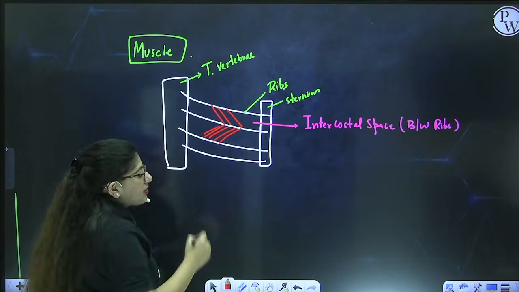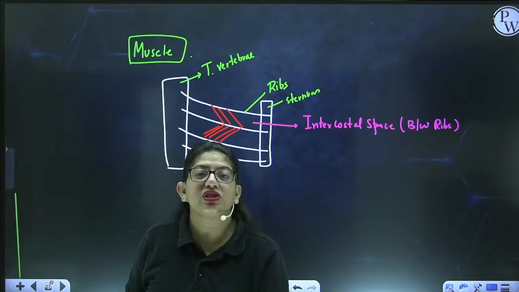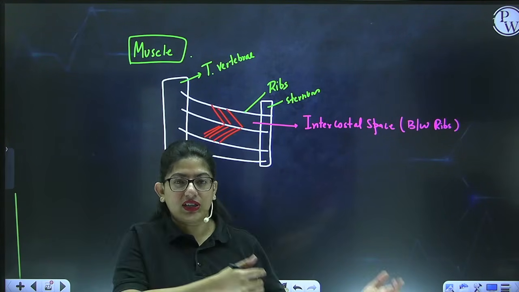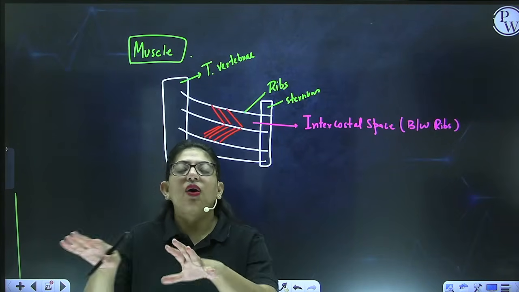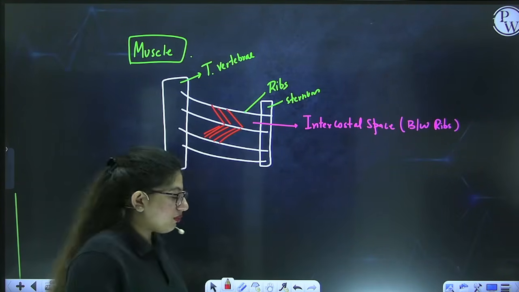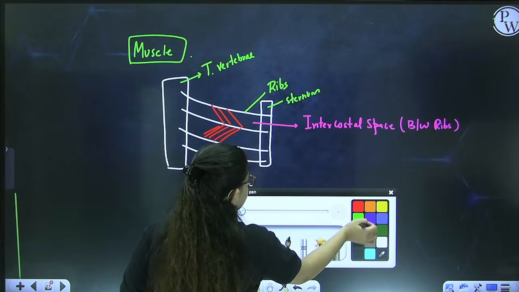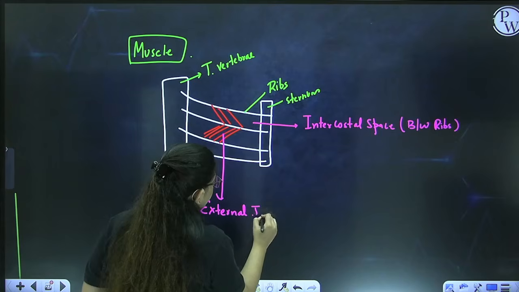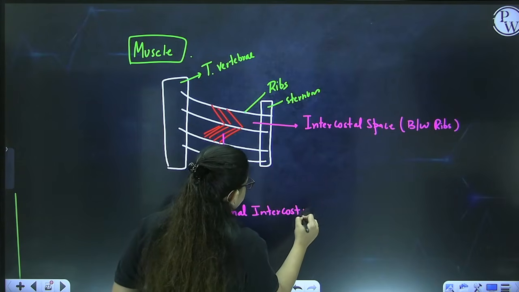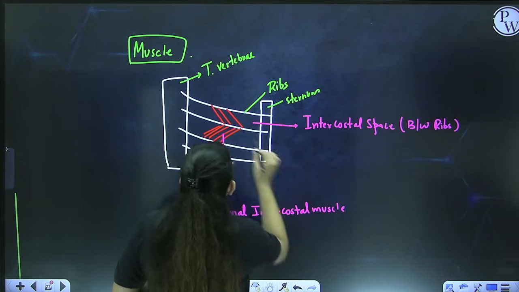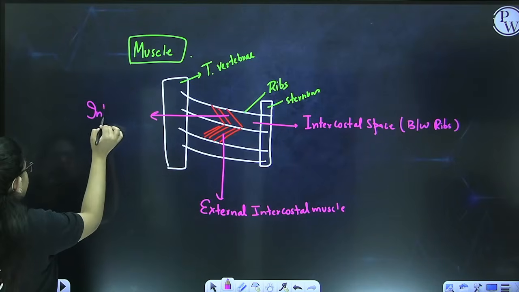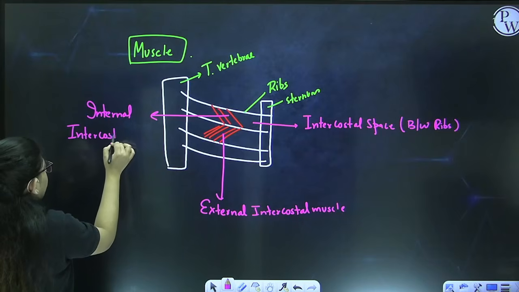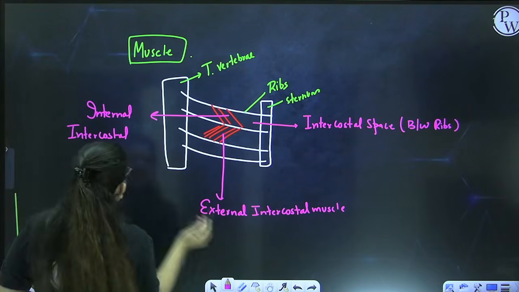Now, there are muscles present in between the ribs. The names of the muscles are based on how they are positioned. Some are present towards the inner side, they are internal intercostal muscles. Some are present towards the outside, they are known as external intercostal muscles.